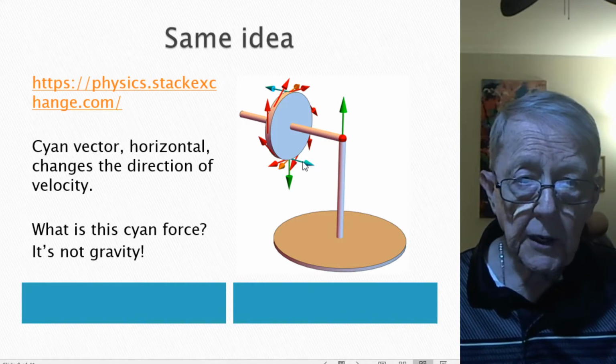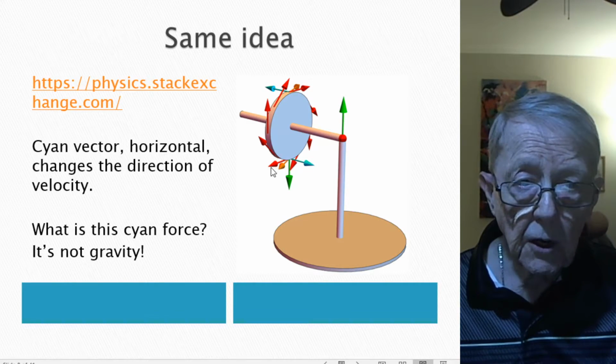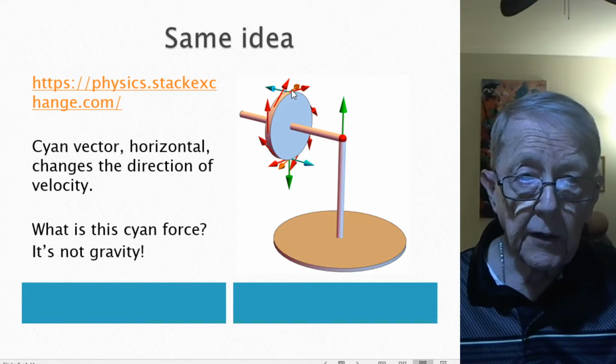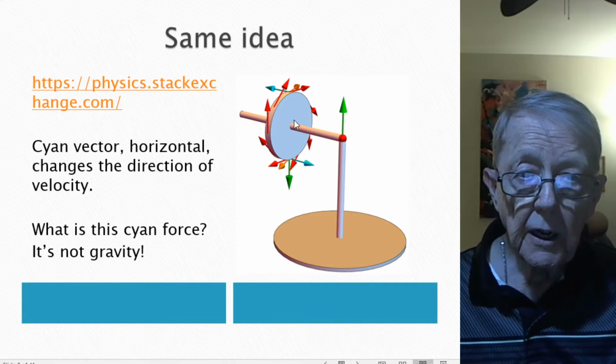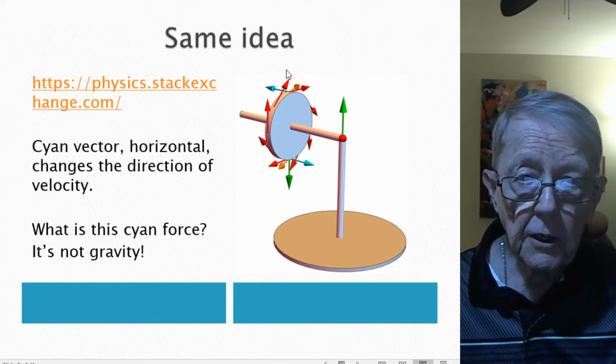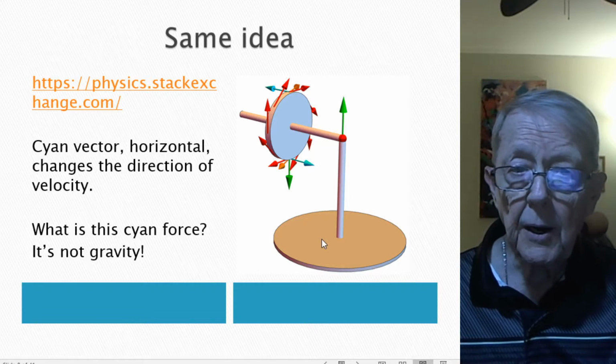Just the opposite here, there's a velocity vector here. This force is causing that velocity vector to move this direction, and the combination of those velocity vectors changing is what causes it to precess and go around.